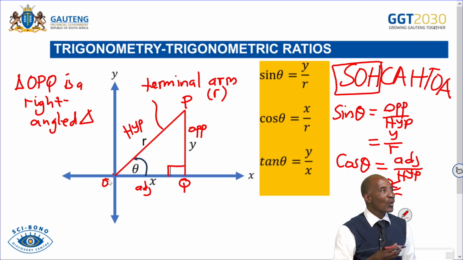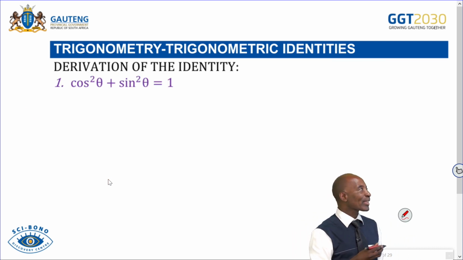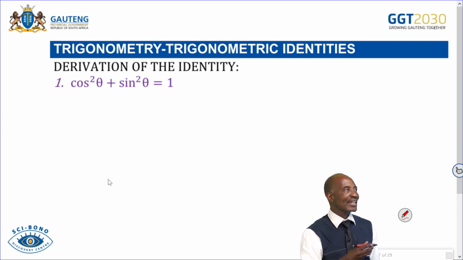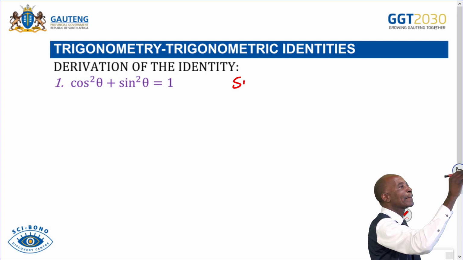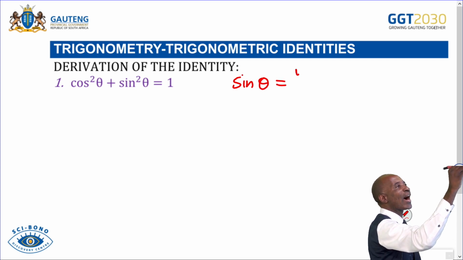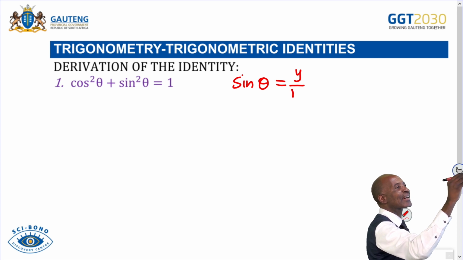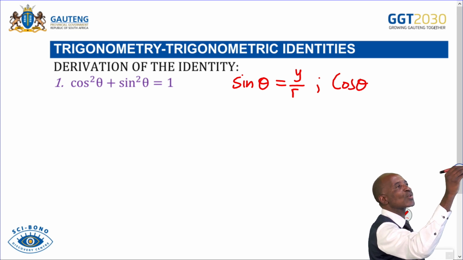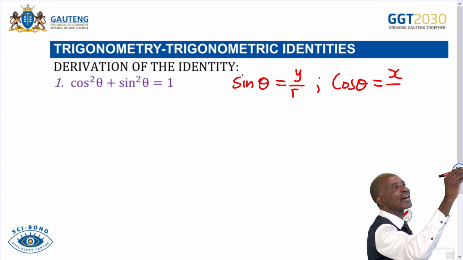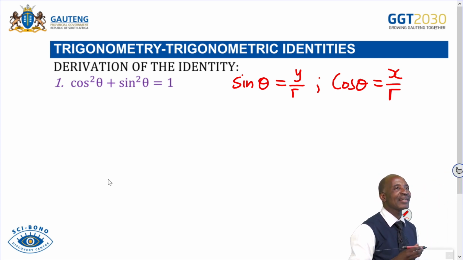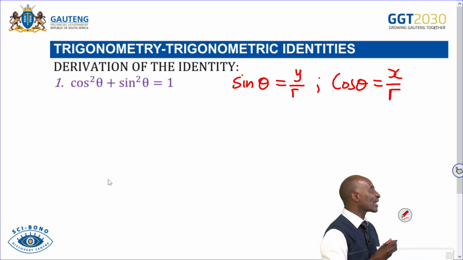Then we move on. Now that we have established our ratios, as in saying our sine theta is equal to Y divided by R, and then our cos theta is equal to X divided by R, adjacent over hypotenuse. What are we then saying?